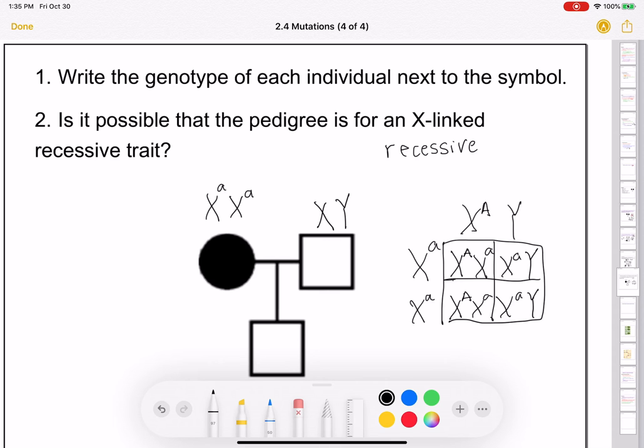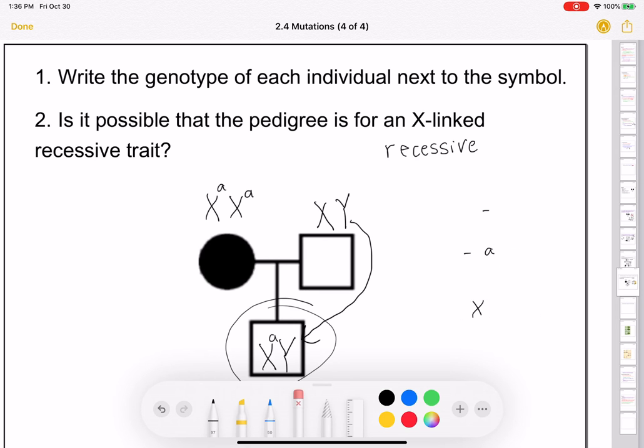And if we're looking at our child here, he's going to get his Y from his dad. That's how it works. And then his X is going to come from his mom. So regardless of what X he gets, if you look at these, they both have the disease. And he doesn't. He's not shaded in. So that would make it impossible for that to be an X-linked recessive, okay?